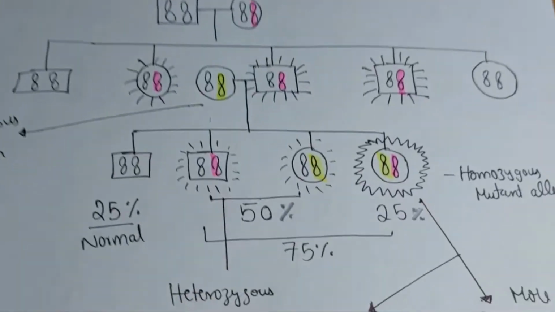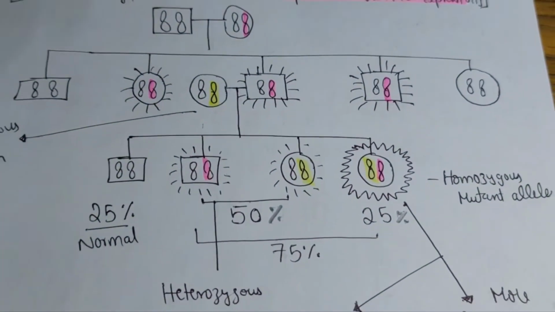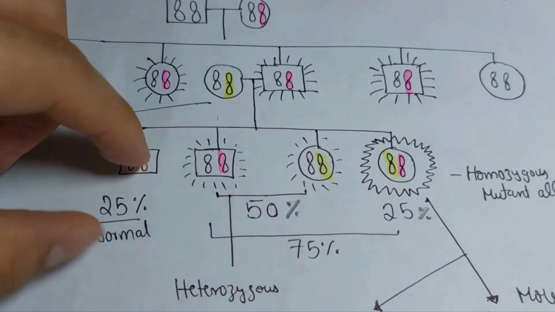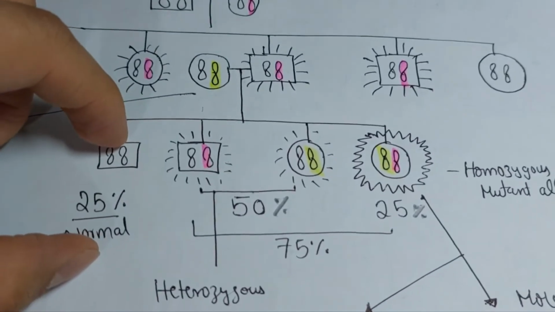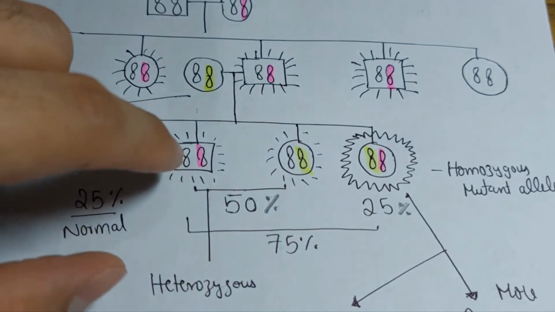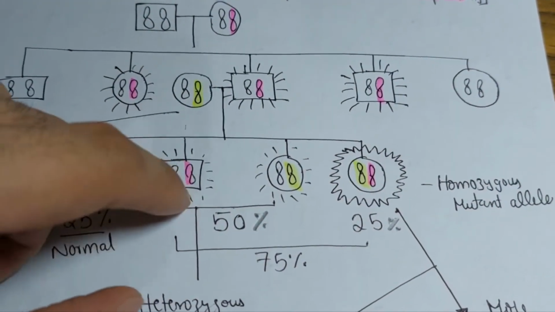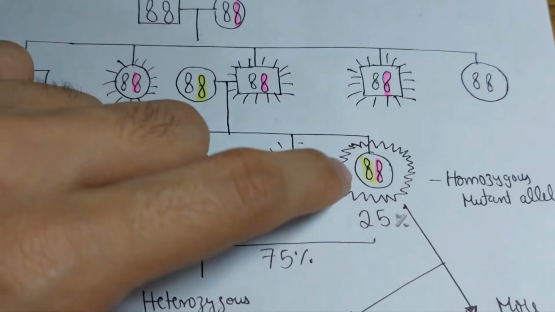So if we cross two heterozygous parents in autosomal dominant disease, we get a 25% chance of the kid having normal genotype and normal phenotype, whereas 75% chance is abnormal genotype, and out of that 50% are going to be heterozygous and 25% homozygous for the mutant allele.